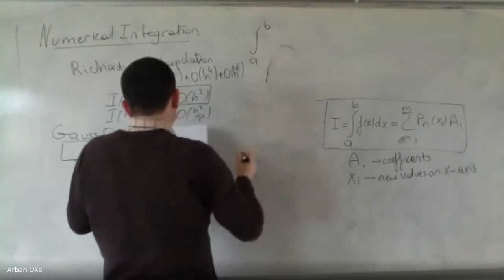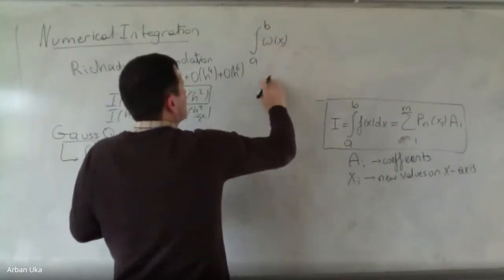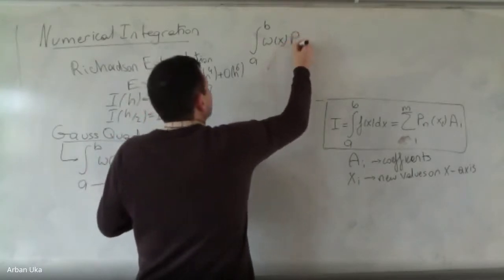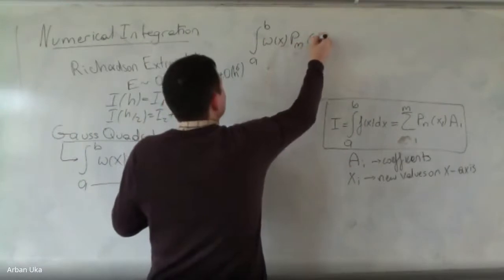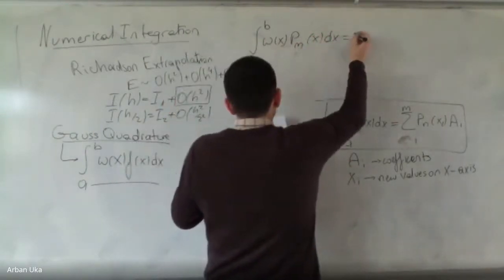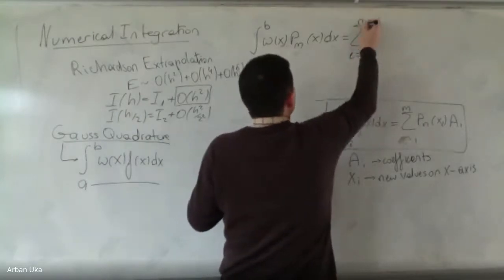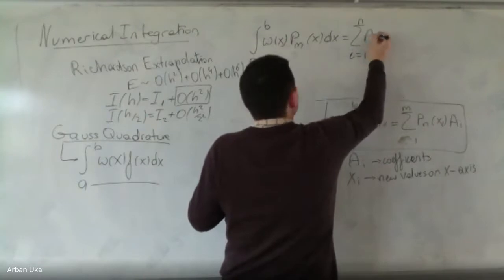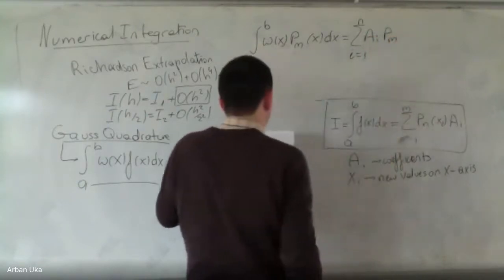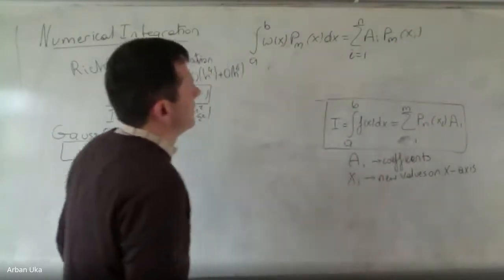So any integral from a to b of any function w of x of any polynomial Pm x dx, we have to approximate with a summation which goes from 1 to n of some coefficients ai times a polynomial of mth order. But this polynomial is evaluated at xi.